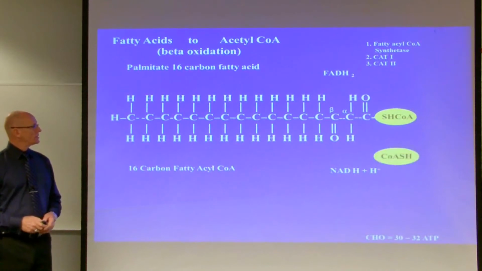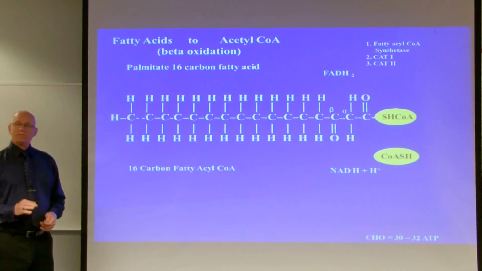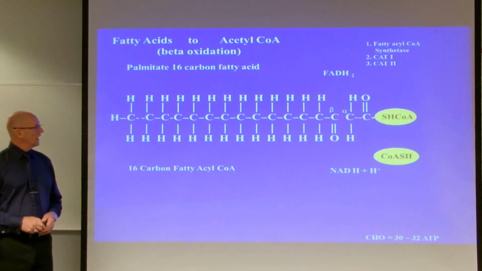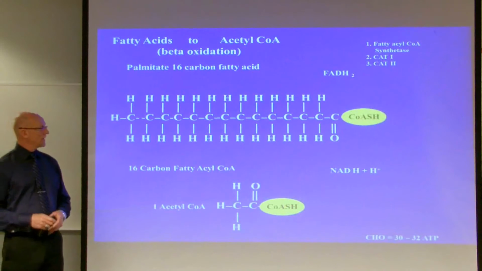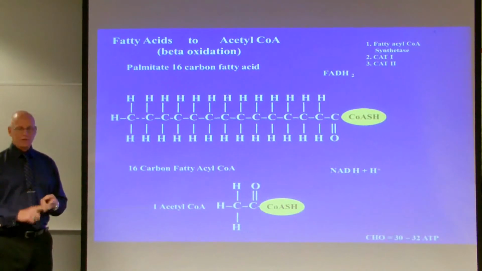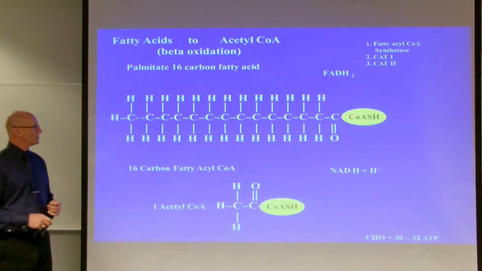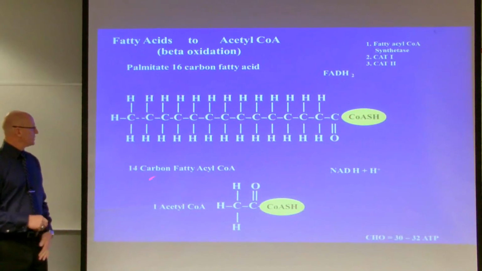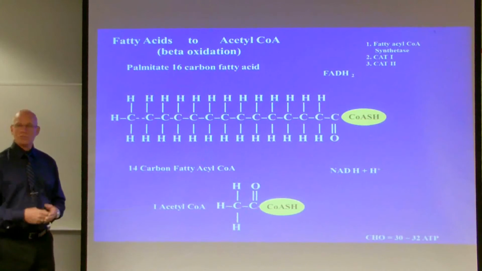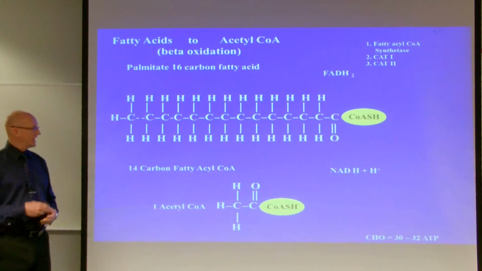Now another coenzyme A is going to come in, and they go through a process of thiolysis where this bond will be broken here and the coenzyme A will attach there. Now what we have done is oxidation, hydration, oxidation, and thiolysis by putting this coenzyme A onto this. Now this is a 14-carbon fatty acyl-CoA as we oxidize 2 carbons off of that 16-carbon fatty acyl-CoA.